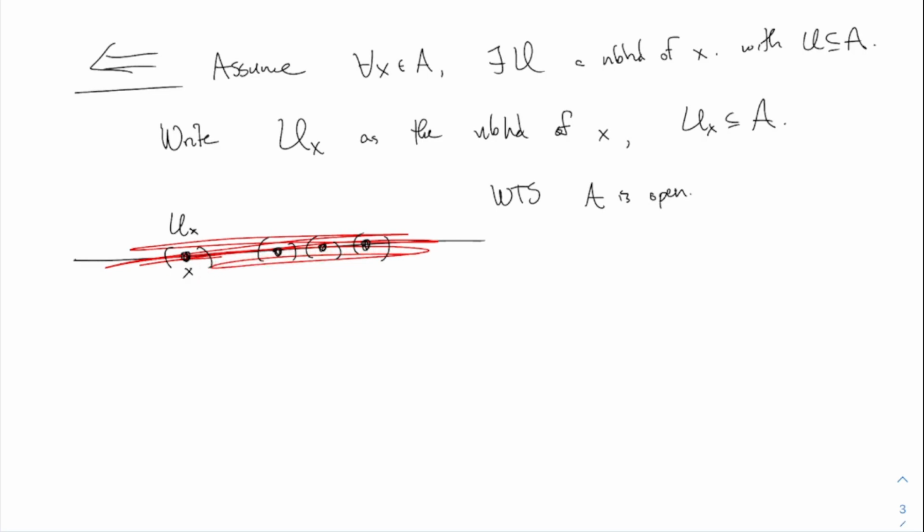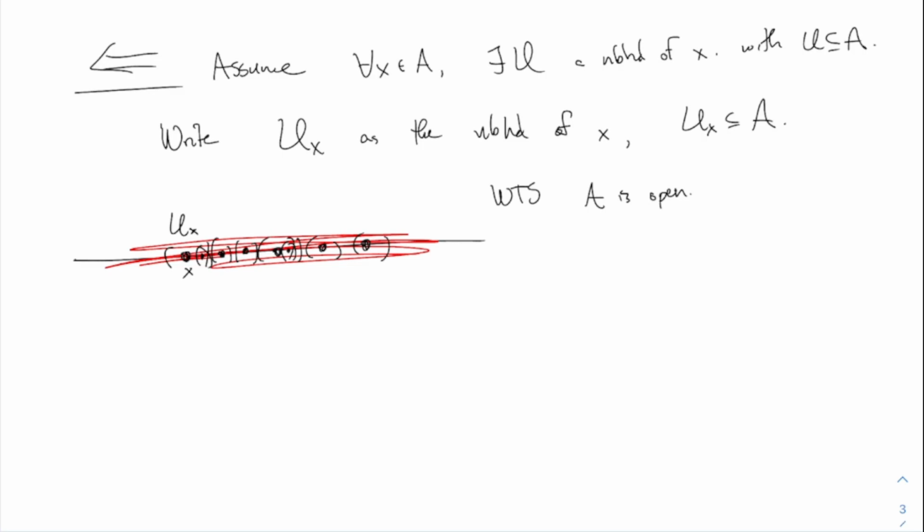What I drew doesn't actually cover the whole set A, but there's a neighborhood around every point. Even the points right next to other points, inside the other neighborhoods, have little neighborhoods around them.